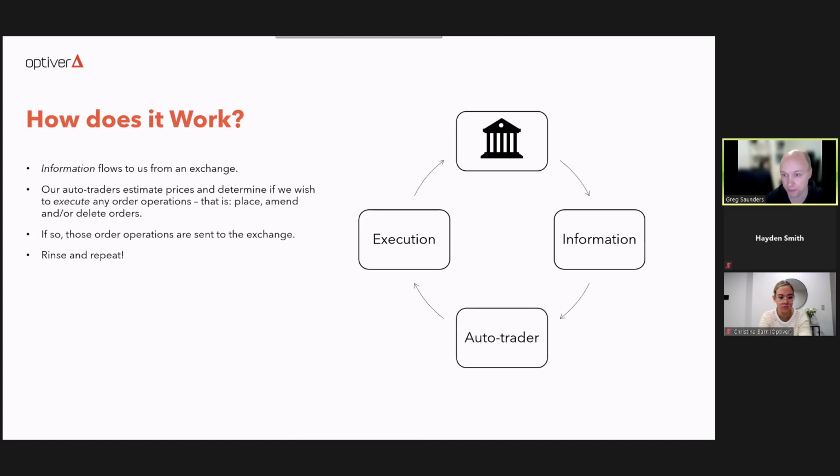That is either place an order or amend an order or cancel an order. If we do wish to do one or more of those order operations, then we send those operations to the exchange, and then we wait for more information from the exchange and repeat the whole process. So that's, in a nutshell, how it works.